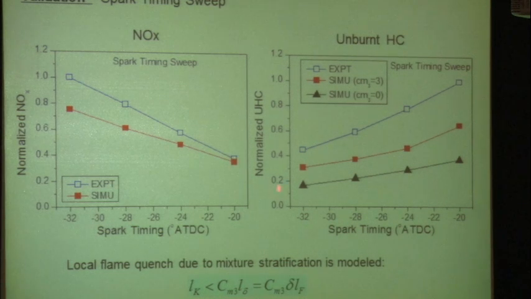This shows the unburned hydrocarbons, and we were kind of worried here because our simulations basically showed much lower hydrocarbons than the experiments.